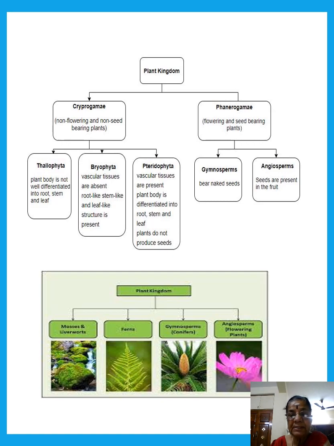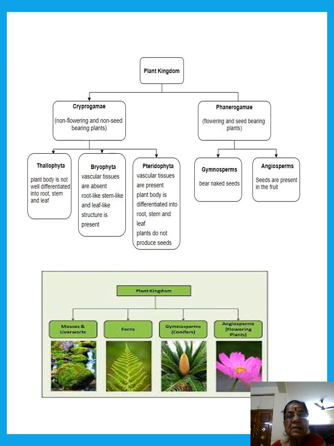Thallophyta, what are the characteristic features? The plant body is not well differentiated into root, stem and leaf. Instead, it is known as thallus. And Bryophyta, the plant shows a double mode of life, so it is an amphibious plant.